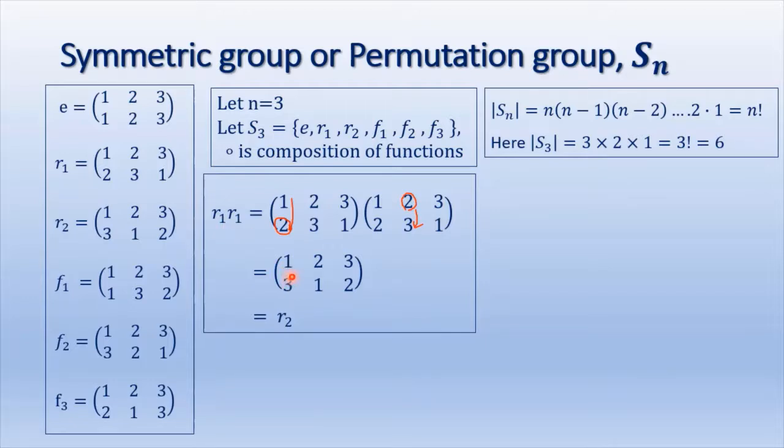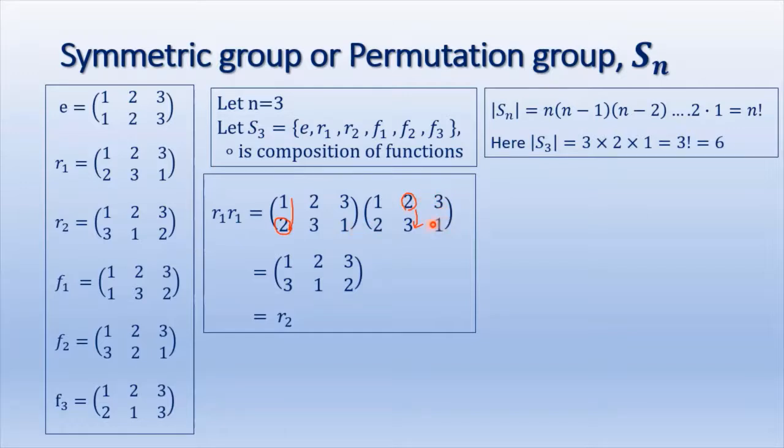So when you are operating R1 twice, you will get an image like this. Similarly, the image of the second element 2. The image is 3 under the operation R1, and from this you have 3 goes to 1. So we simply say 2 goes to 3 in the first permutation and 3 goes to 1 in the second permutation.